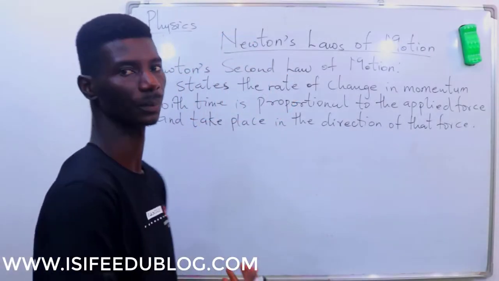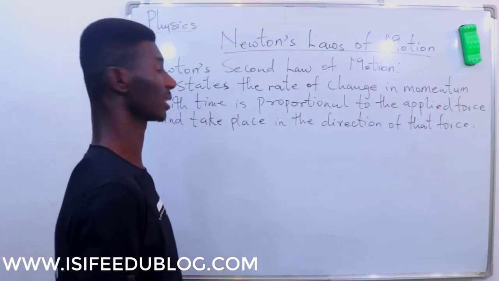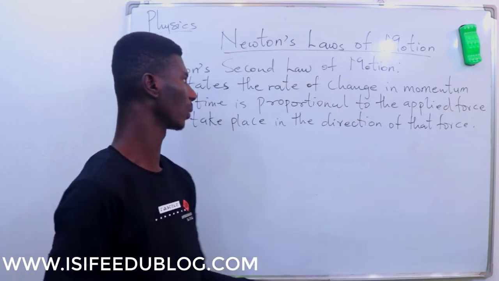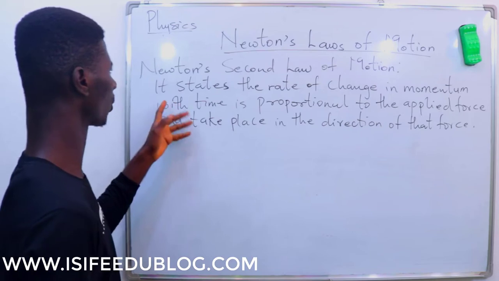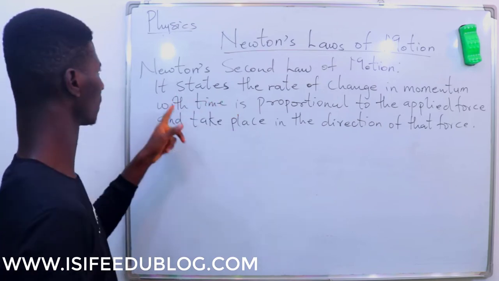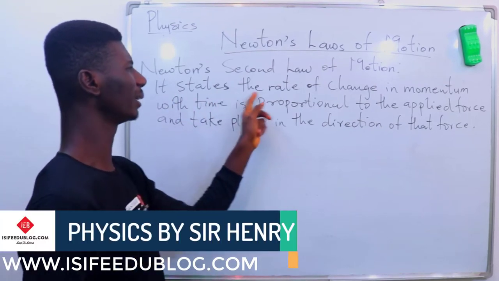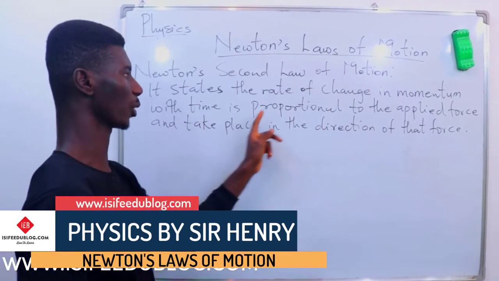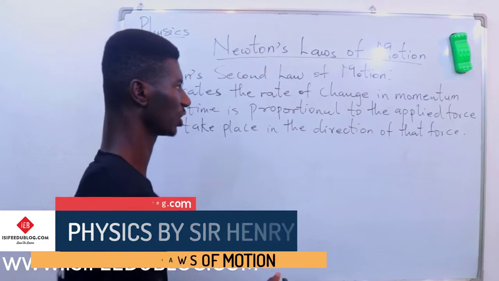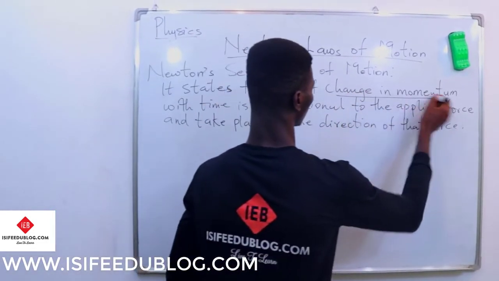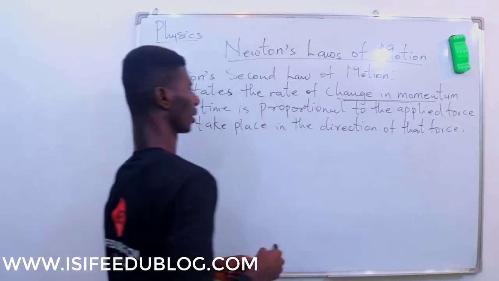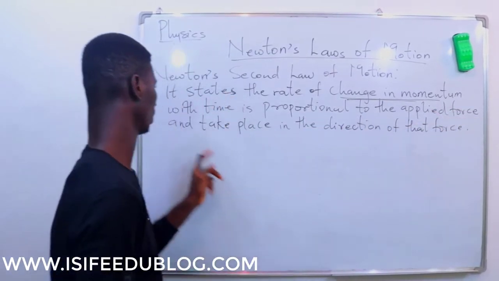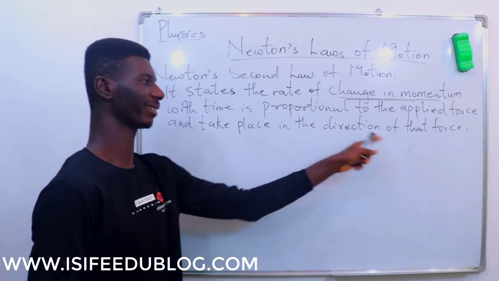Now, the second law is a little bit different from the first law. What is the second law telling us? On the board, we have Newton's second law of motion. It states that the rate of change in momentum with time is proportional to the applied force and takes place in the direction of that force.